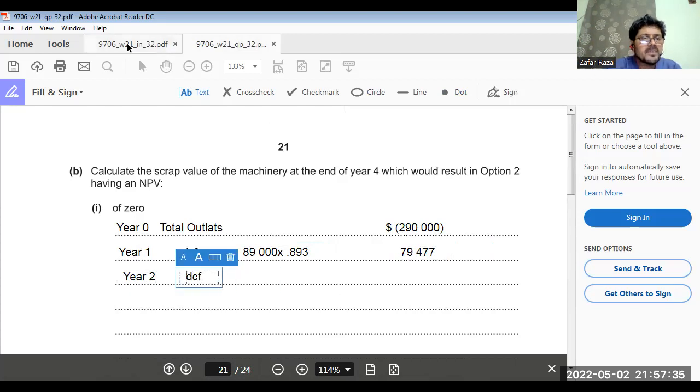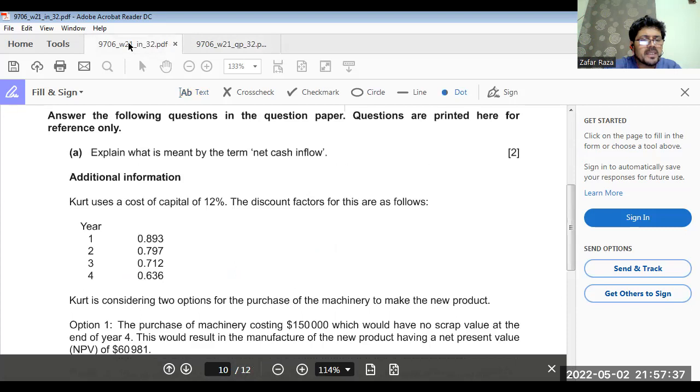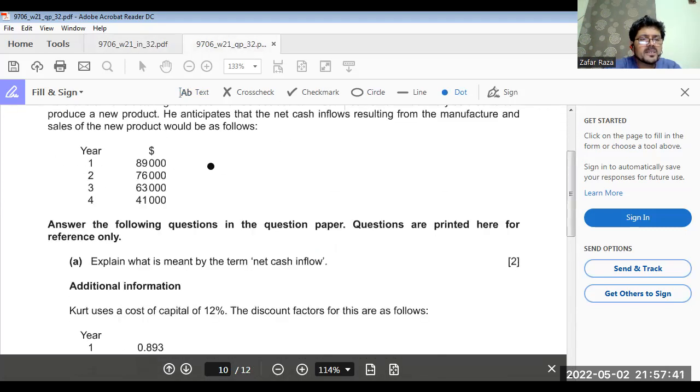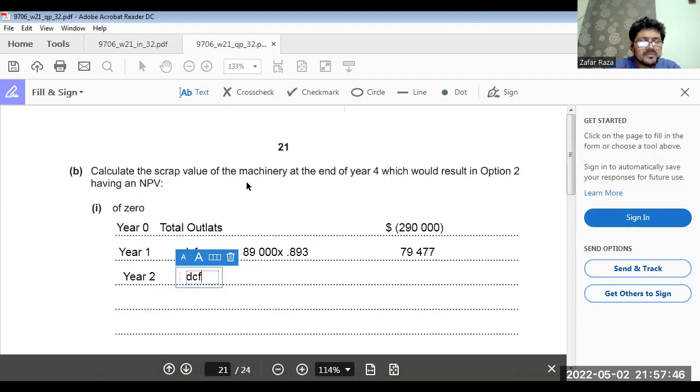DCF, discounting factor 0.797, and 76,000. So 76,000 multiplied by 0.797 is 60,572.